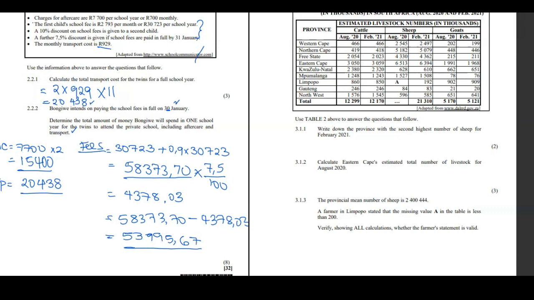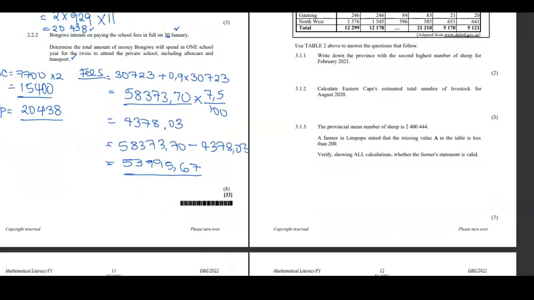But anyway, so now what do we do? We are going to add the total. Remember, they want us to get the total amount, including aftercare and transport. So we shall take that, add on your 20,000, which is for transport, 20,438. Daycare is 15,400.